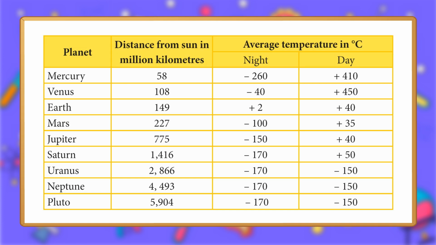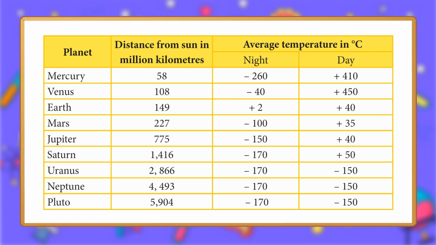Planet, distance from sun in million kilometers, average temperature in degrees Celsius, night and day. Mercury, 58, minus 260, plus 410. Venus, 108, minus 40, plus 450. Earth, 146, plus 2, plus 40. Mars, 227, minus 100, plus 40. Jupiter, 775, minus 150, plus 40.